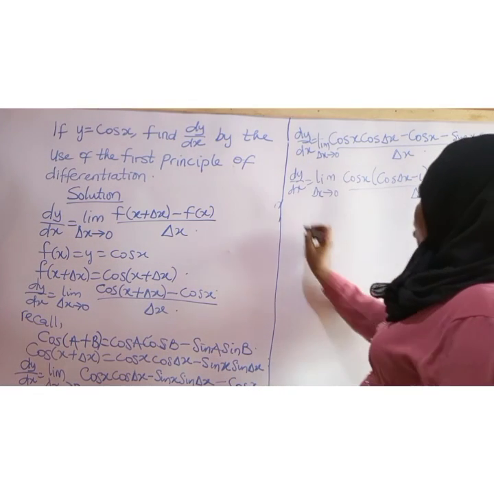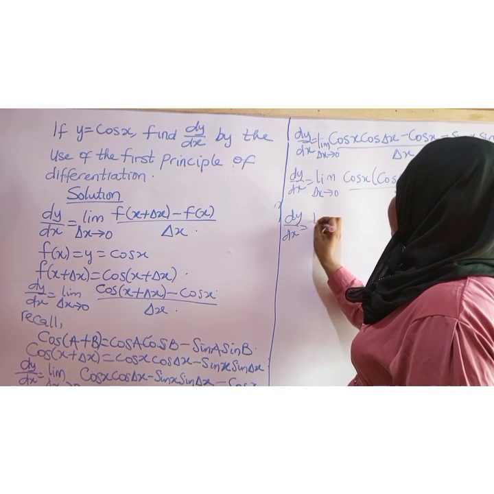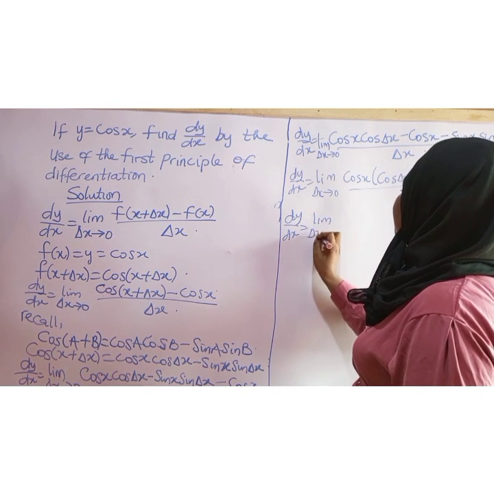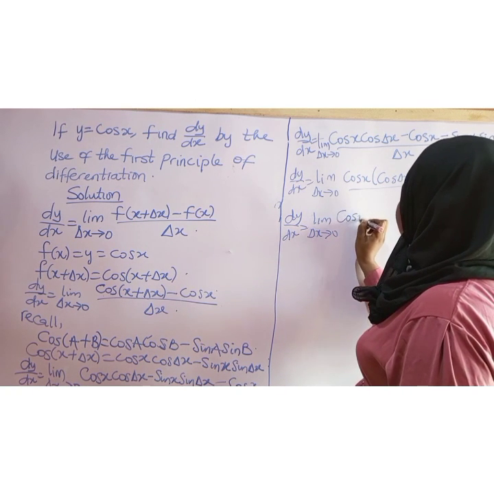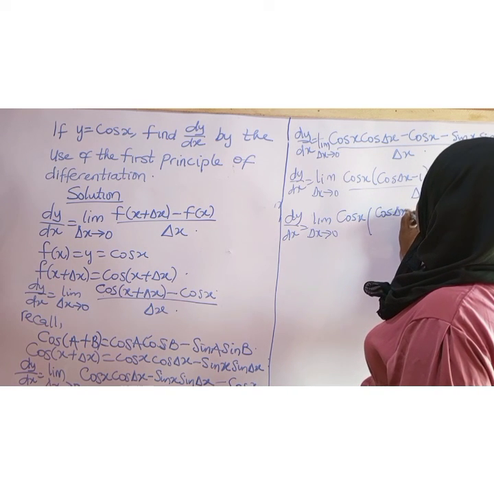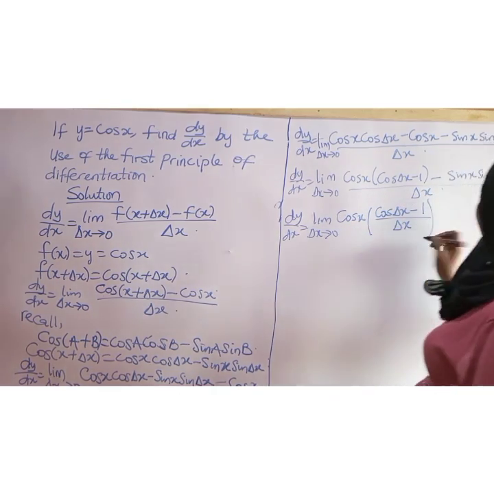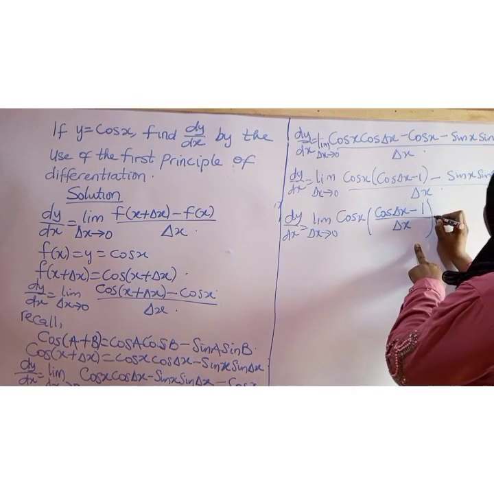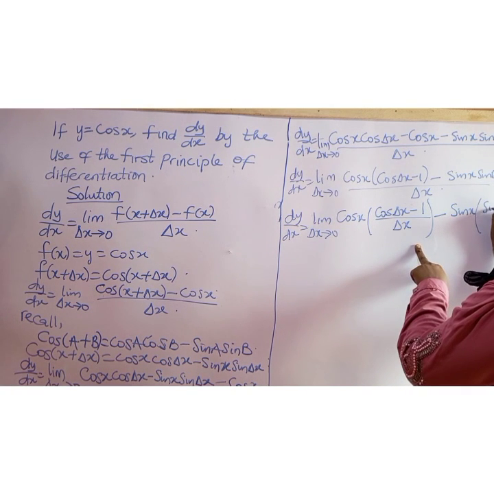So from here we can say dy/dx is equal to the limit as change in x tends to 0 of cos x multiplied by cos change in x minus 1 over change in x, close the bracket, then minus sine x into bracket sine change in x over change in x.